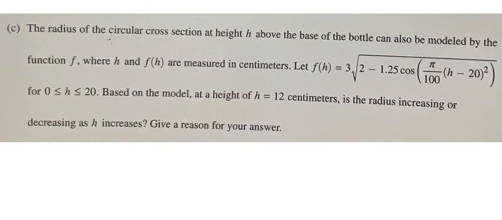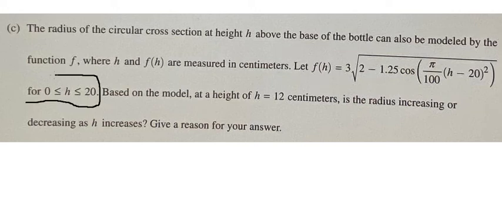The radius of the circular cross section at height h above the base of the bottle can also be modeled by the function f. So here is about this one.